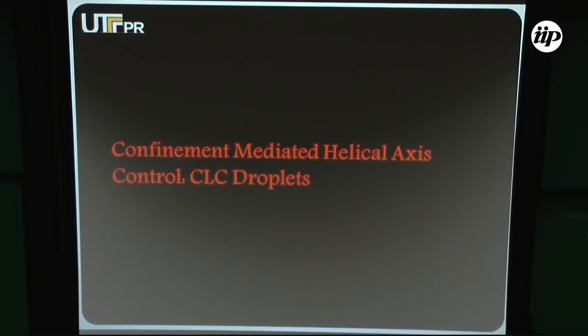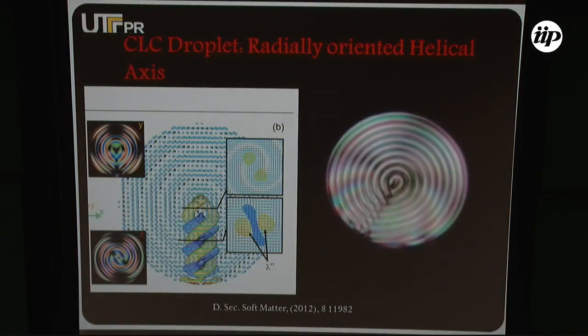If you make those droplets, you can actually have a radial distribution of the helical axis. It seems people have been paying a lot of attention to these droplets in the past few years. This has always been a curiosity, but maybe in the last 3 or 4 years, people are paying more attention to this. And this is one example of a cholesteric droplet.